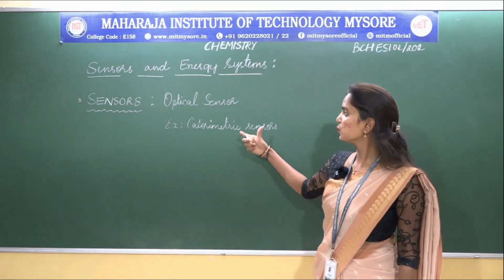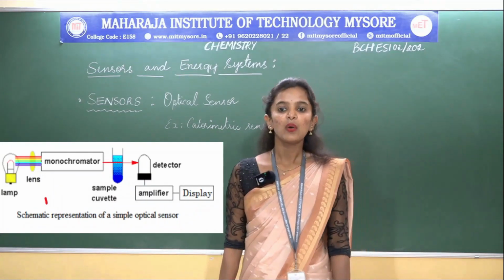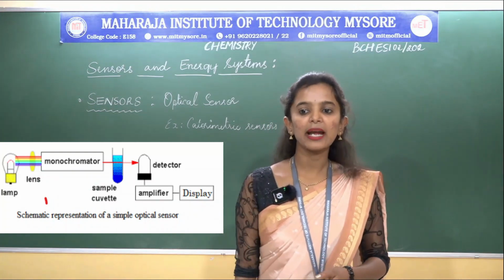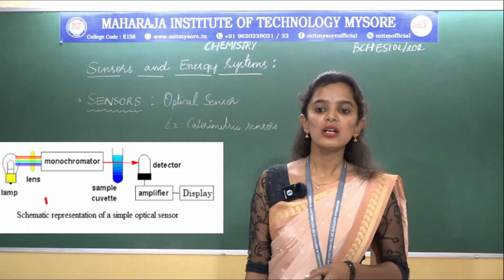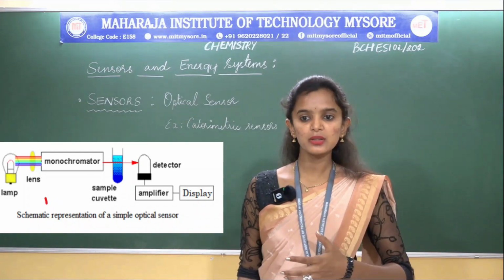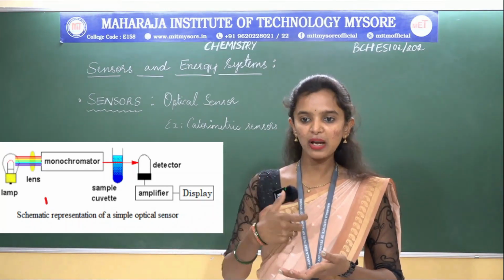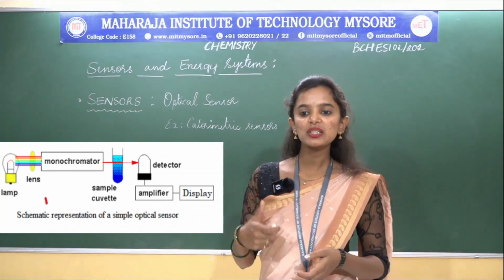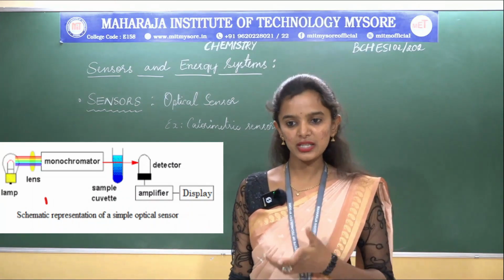Let us now know the working of optical sensor. When a monochromatic light is made to pass through the analyte solution, a certain quantity of light is absorbed, and it is a function of the concentration of analyte. The change in the intensity of light is detected by the photodetector.